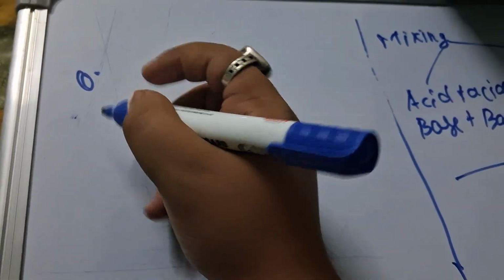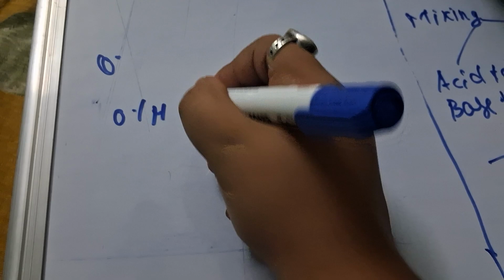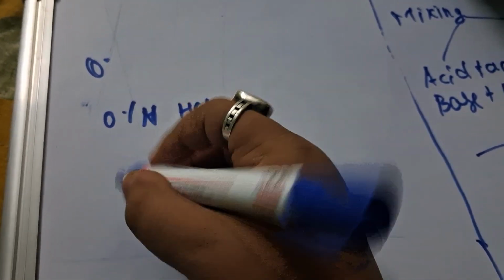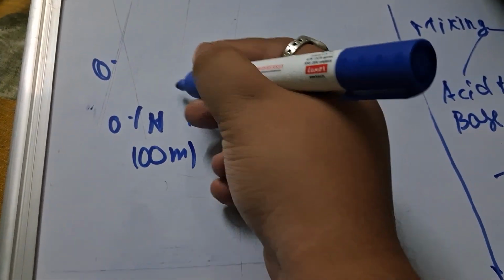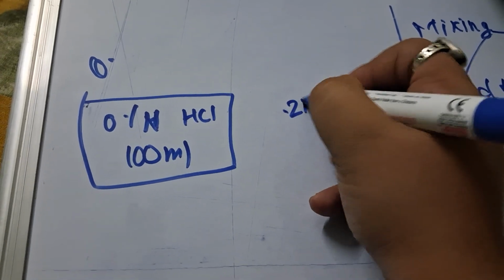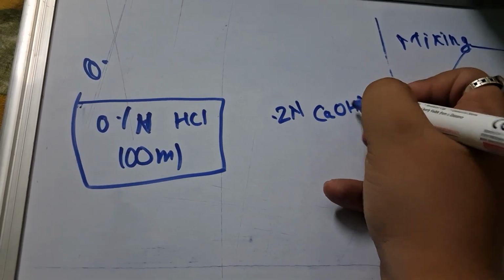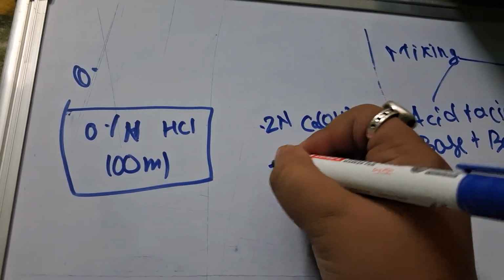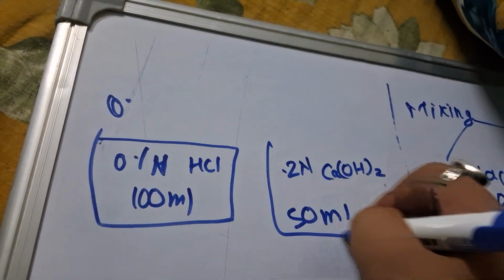Question. You have 0.1 normal HCl of 100 milliliters volume, and you have 0.2 normal Ca(OH)2 of 50 milliliters.